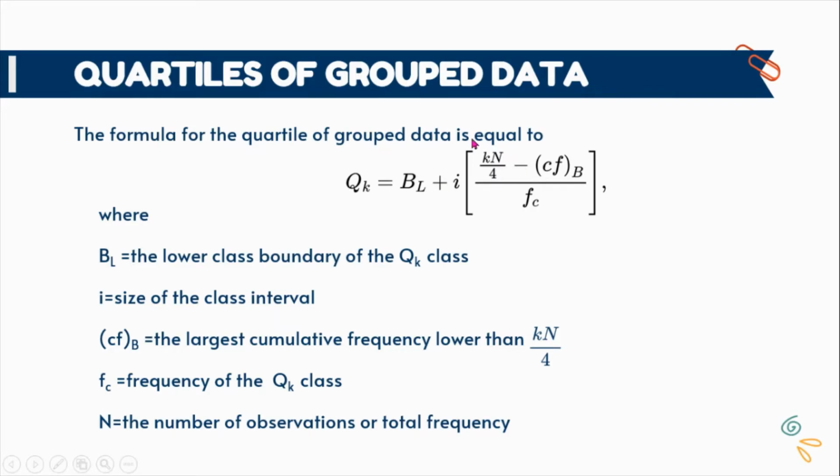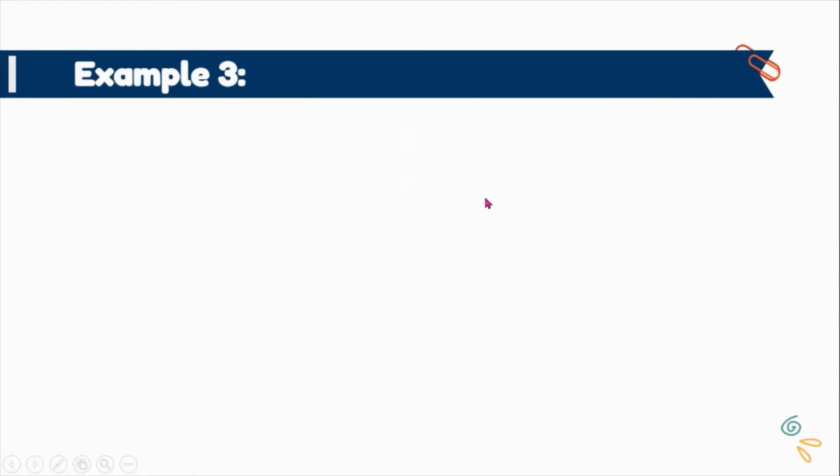So this is the formula for the quartile of group data.